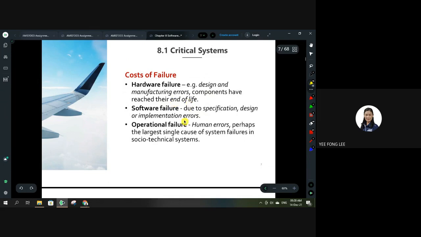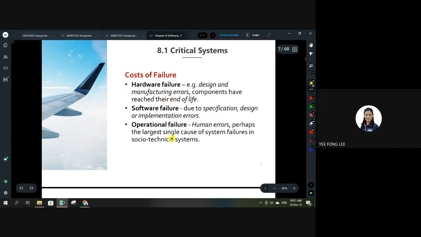About software failure: in this case, system software may fail because of mistakes in their specifications, design, or implementation. How about operational failure here? Here we are talking about failing to operate the system as intended by the implementer or the designer.